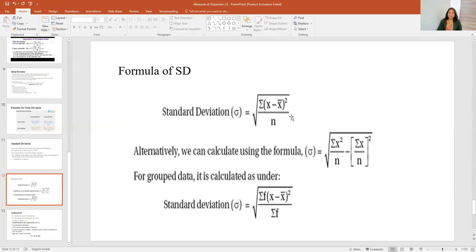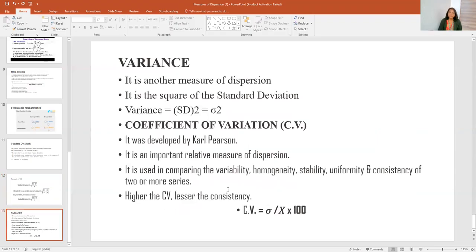And for grouped data, only here the frequency will be multiplied. So the first formula will be root of summation of f into x minus x bar, whole square, divided by n. And the other formula will be root of summation of f x squared by n minus summation of f x by n, whole square.